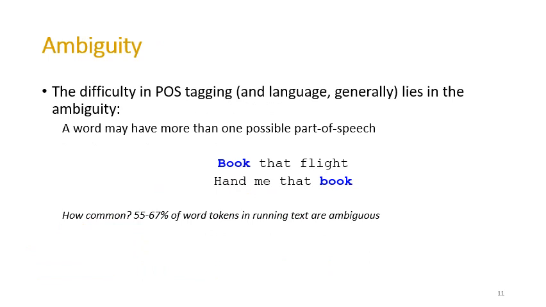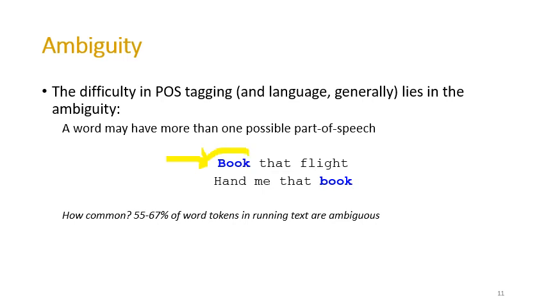We have just seen in the previous slide that part-of-speech tagging is not really an easy task. It is not very straightforward because language is sometimes ambiguous. It means that a word may have more than one possible part of speech. In English, for example, you can say book that flight.